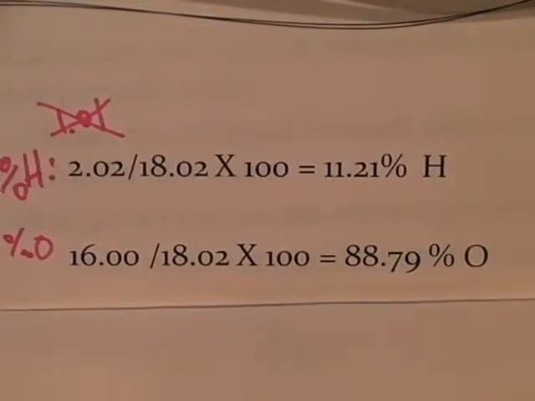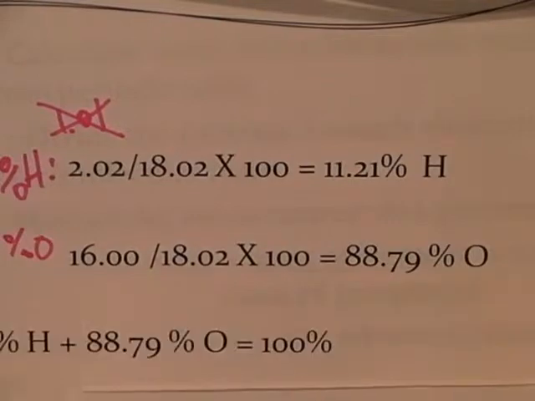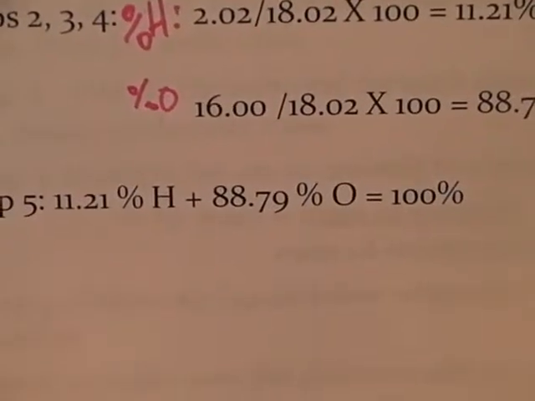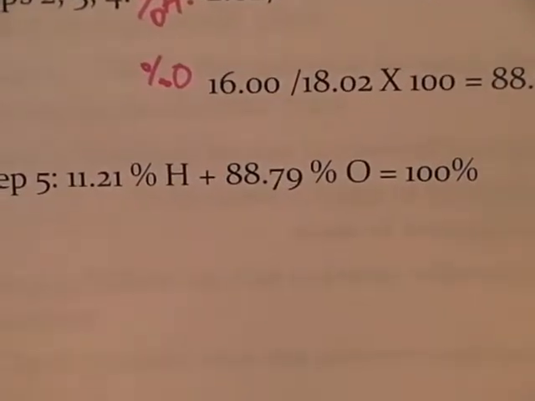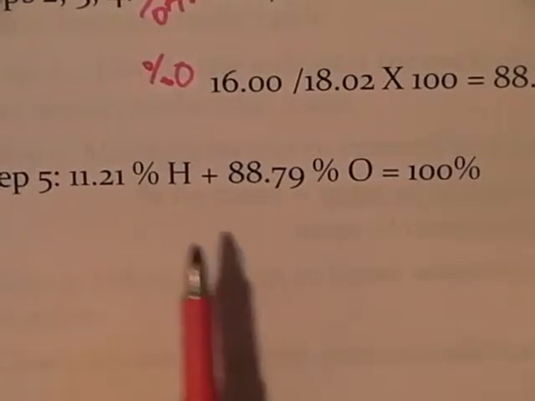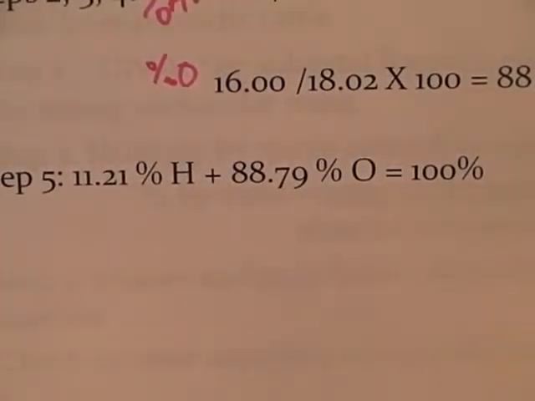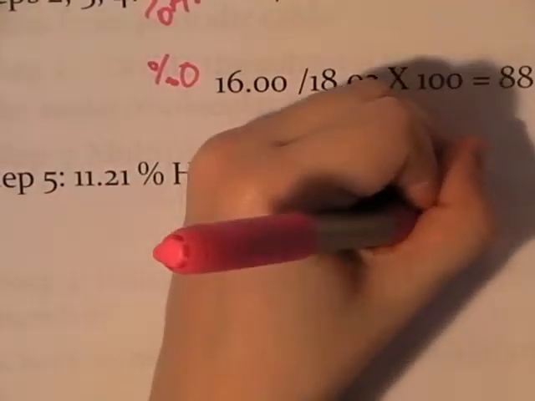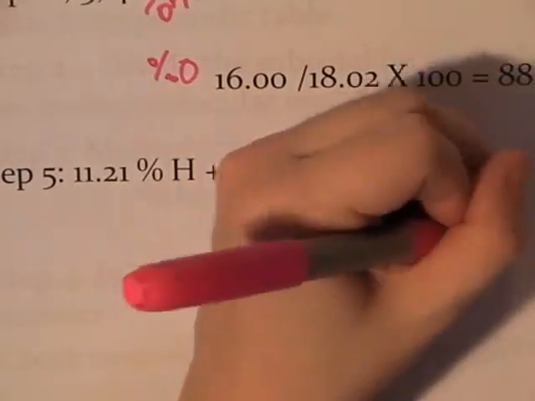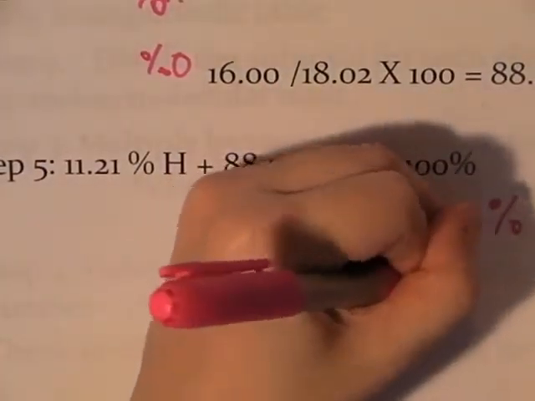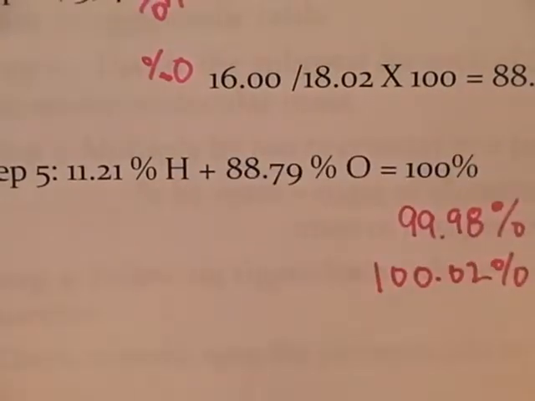The last thing you need to do, which is what step 5 says, is just check to make sure. Hopefully in your mind you're already adding those up. If you add 11.21 plus 88.79, you get 100% exactly. It doesn't always have to be exact as long as you get something like 99.98, or even something like 100.02, those are fine as well.